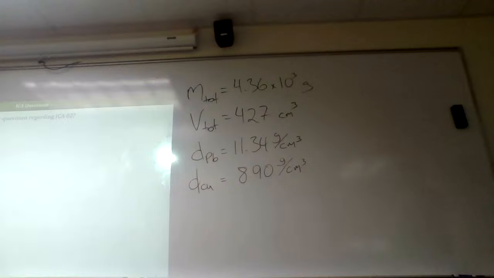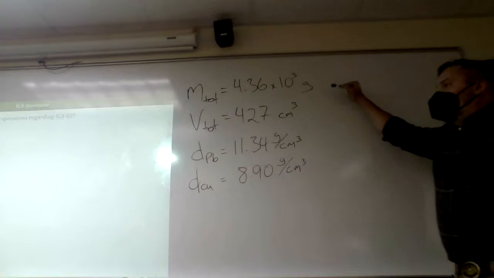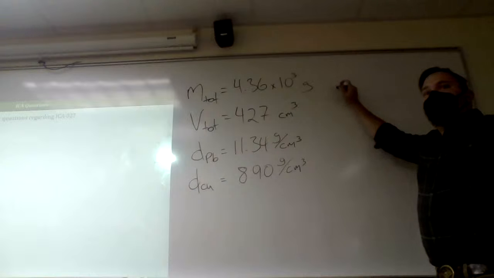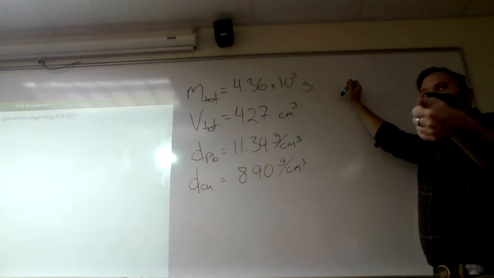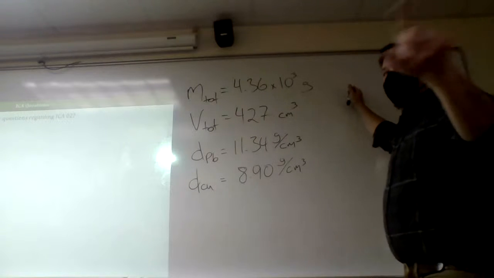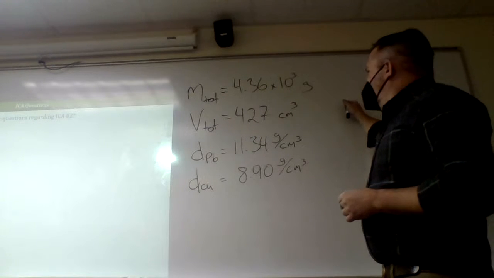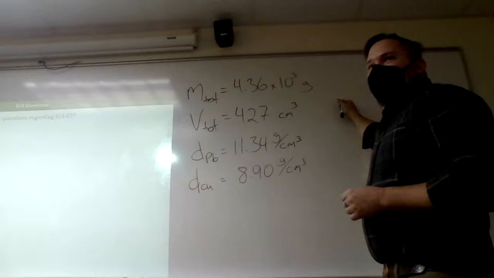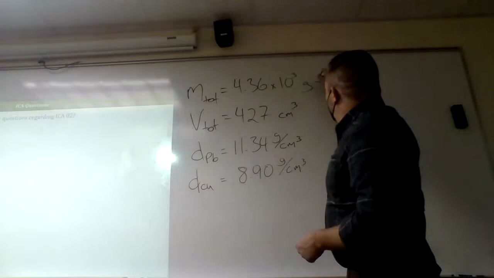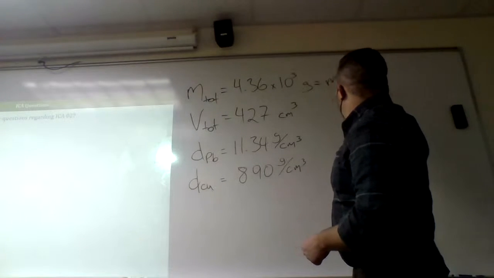Now, Grace, what else do we know about the total mass? What is the total mass? The weight of both of them. The weight of both of them. So how could we write that, Grace? Hold on, your thought, Jordan. So the mass of the copper plus the mass of the lead.